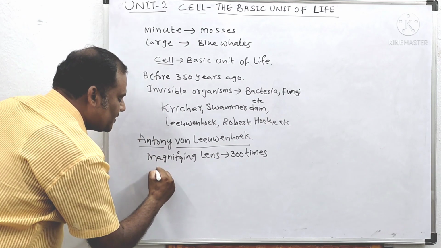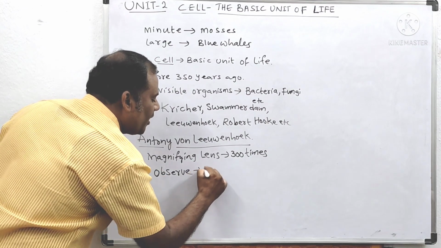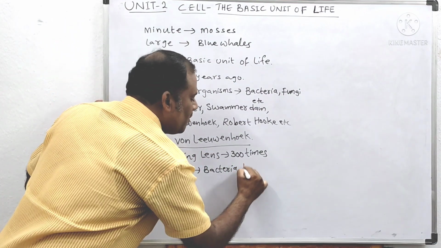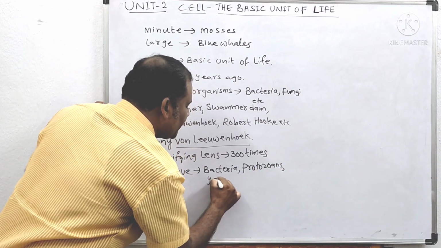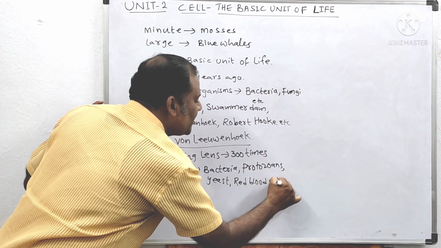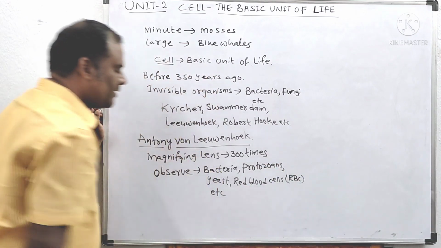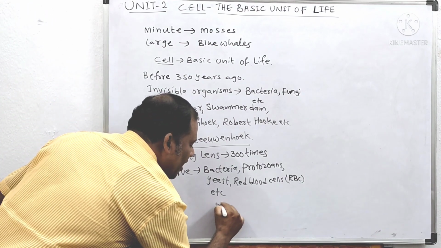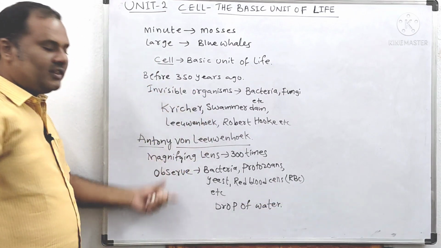With the help of his magnifying lens, he was the first person to observe bacteria, protozoans, yeast, and red blood cells, that is RBC, in a drop of water.